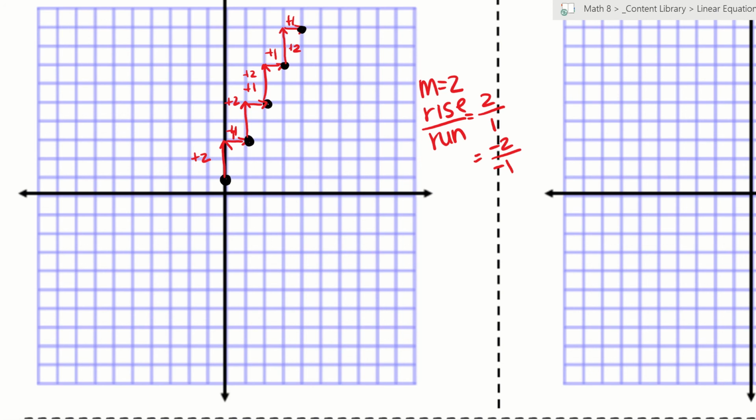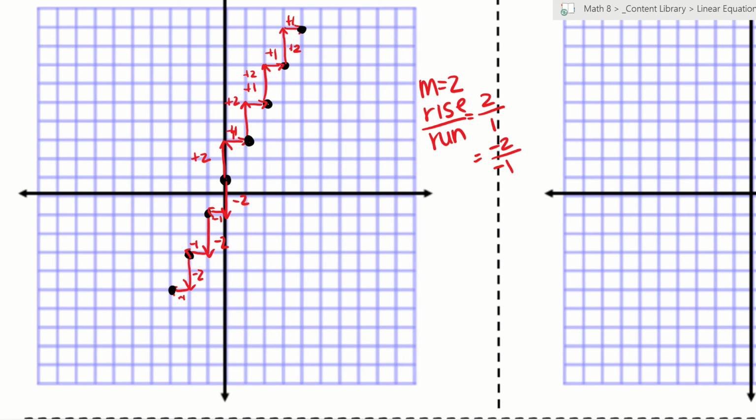On the opposite side, we can go down 2 and to the left 1. And that would be my next point. We'd go down 2 to the left 1. It's another point. Down 2 to the left 1.